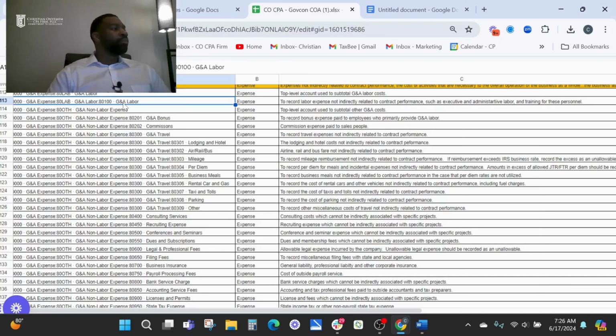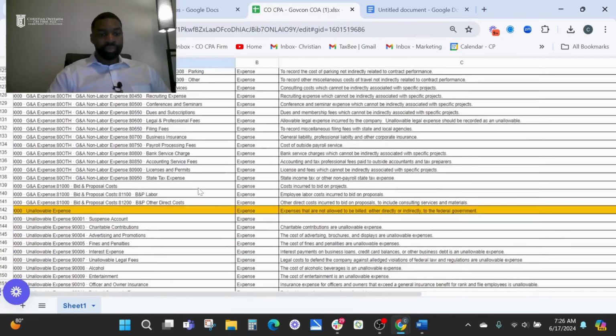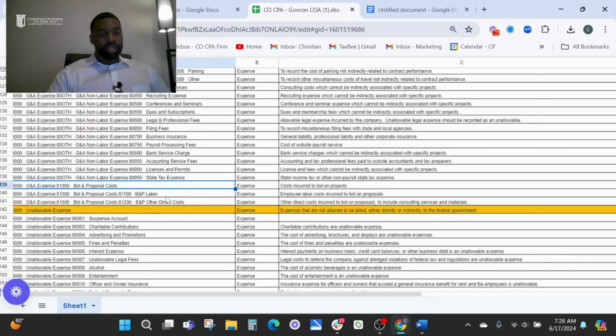They're not directly performing that contract. They support the contract, right? So these are the indirect costs essentially. Bid proposal costs, labor costs, things to get that bid going, we're not going to account for as direct costs either. That's going to be your G&A to help get that proposal out. That's administrative tasks really, so we're going to capture that in this expense.